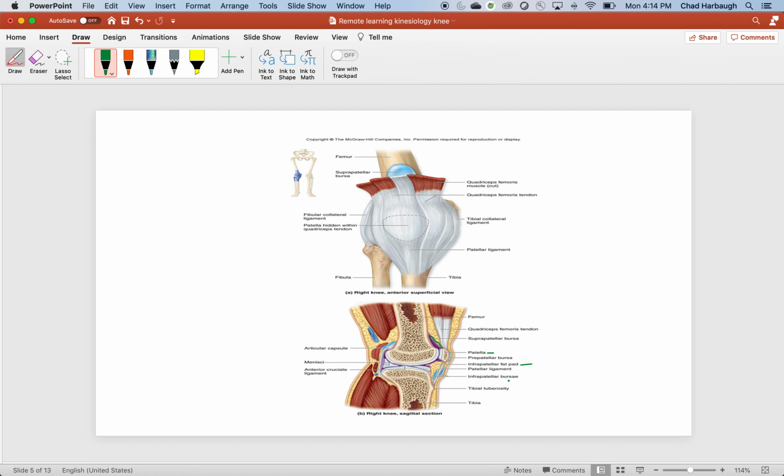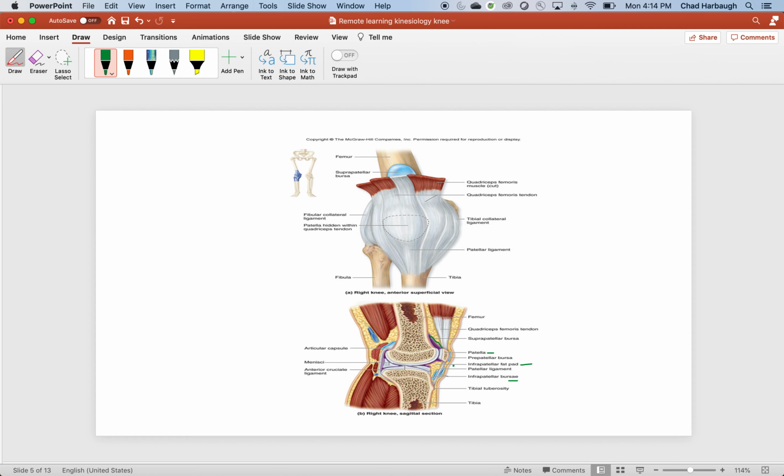We also see a series of different bursae, and bursae are simply synovial fluid sacs. Usually in the knee joint, we see anywhere between 8 to 11 synovial bursae, which contain synovial fluid.